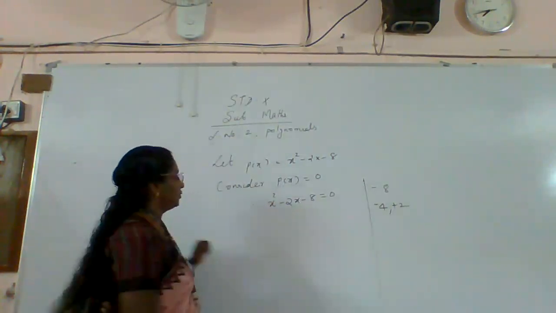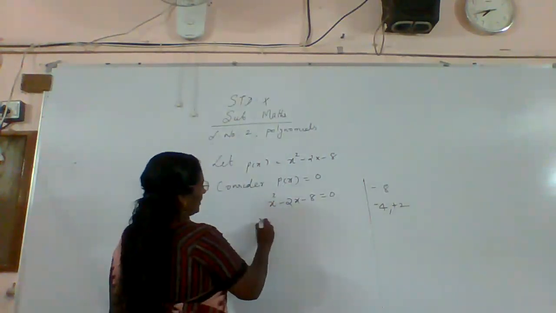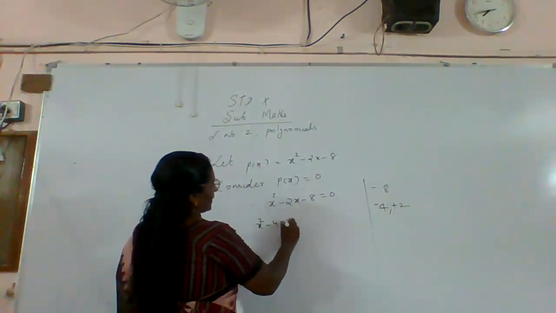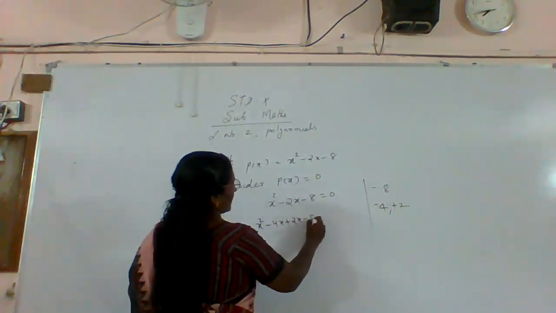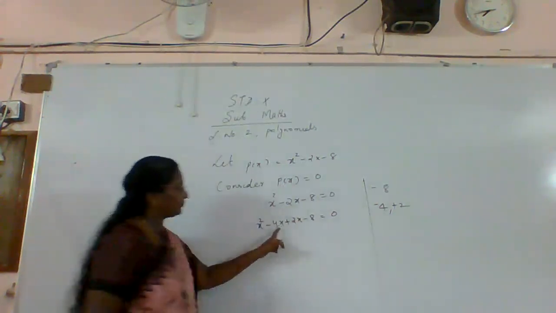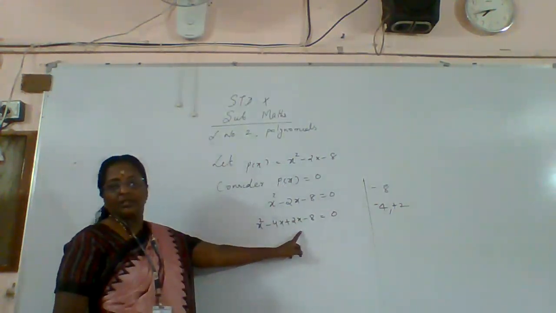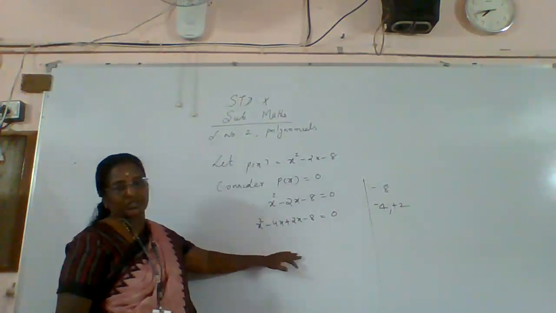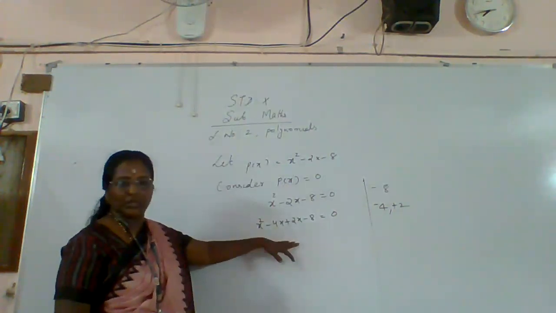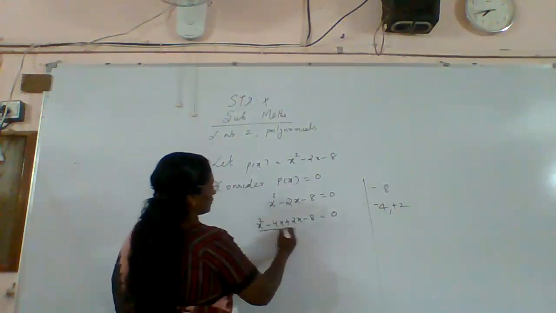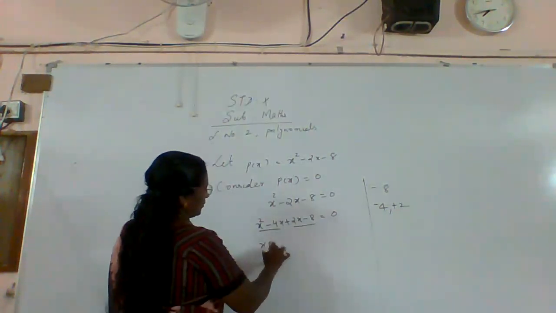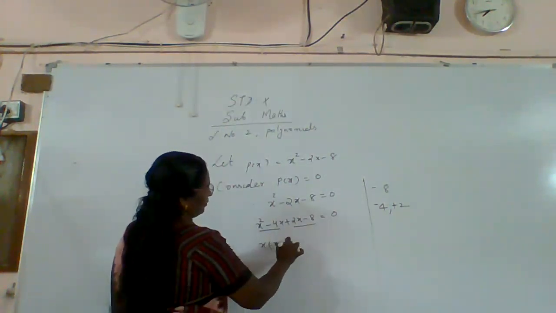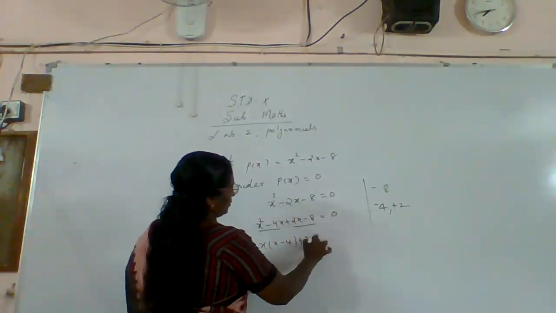So we write x square minus 4x plus 2x minus 8 equal to 0. Don't write direct factorization, because these are very small sums and stepwise marks will be lost. So x into x minus 4 plus 2 into x minus.